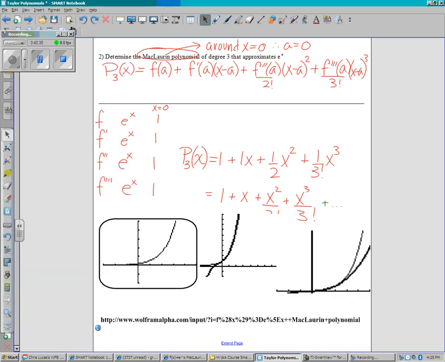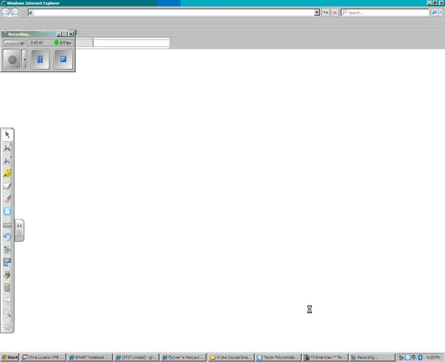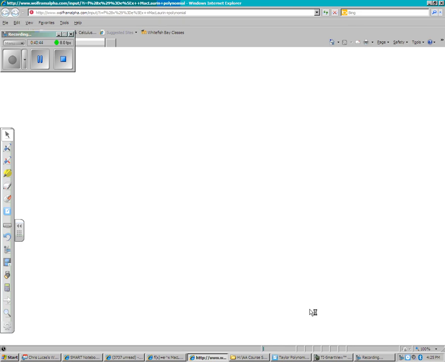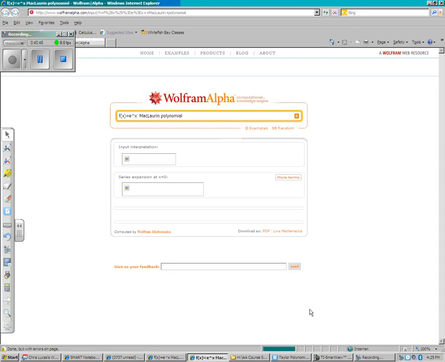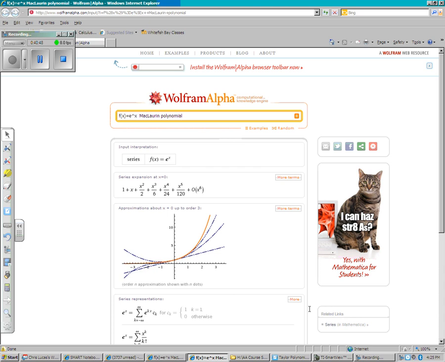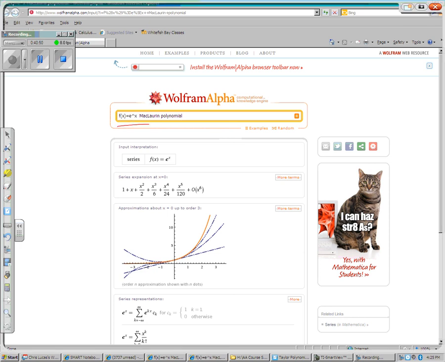Another way to look at these, I don't know if you're familiar with the Wolfram Alpha site. Brilliant math site. Unbelievable. Take a look at that. Earlier I did put in e to the x, and you just basically type whatever you want here. I wrote e to the x Maclaurin polynomial.